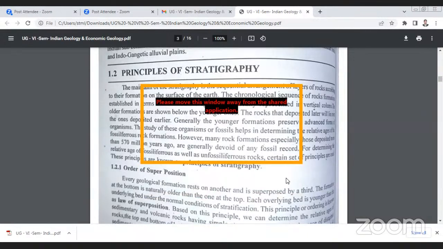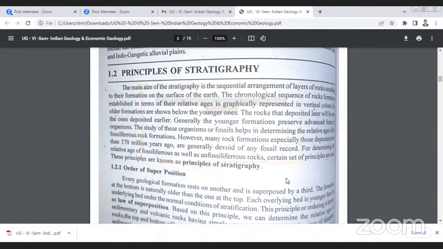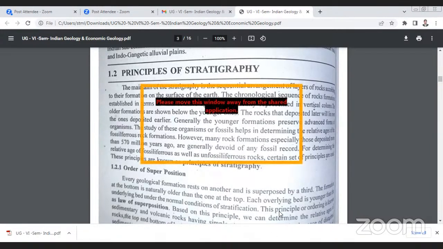Wherever you see lithological formations, the bottom formations are older, and when compared with them, the top formations are younger. Each overlying bed is younger than the underlying bed in the normal conditions of stratification. This principle is known as the law of superposition.